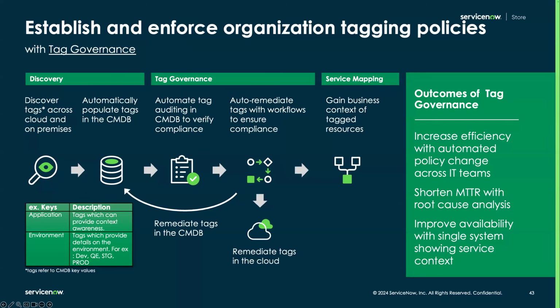Tag governance. This is something that we just mentioned there. And tag governance is key if you really want to get to value and get to quick service mapping in an effective and meaningful way, especially when it comes to your cloud environments. But it's also good if you want to enforce policies and compliance across your cloud estates.